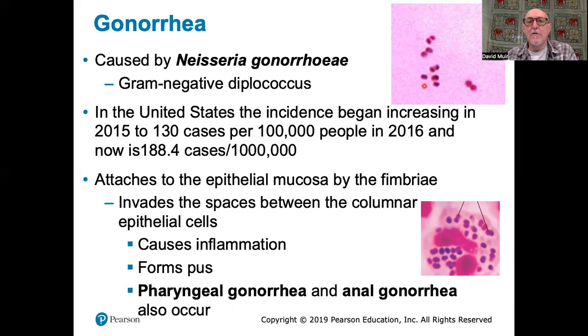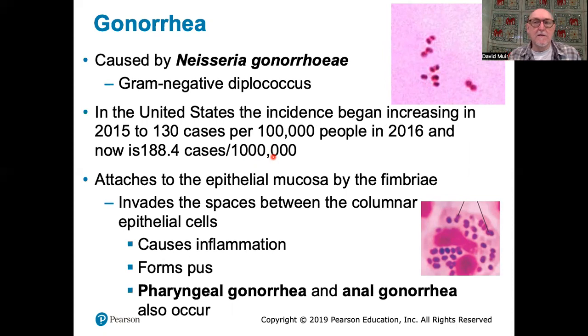It rose from 130 cases per 100,000 people, all the way up to now 188.4 cases per 100,000 people. Let's see, I've put a wrong 0 in there. So it's 188.4 cases per 100,000. And there is grave concern about this.